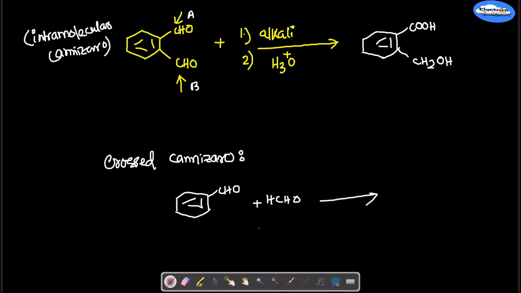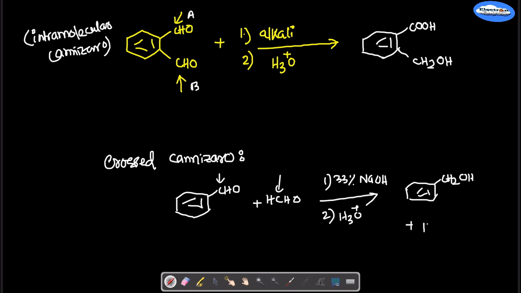In this reaction, if 33% NaOH, a strong base, is used, and in the second step hydrolysis is done, then the CHO group of benzaldehyde is converted to a primary alcohol, and the corresponding benzyl alcohol is formed. So CH2OH is formed over here, and the other aldehyde, formaldehyde, is converted to its carboxylic acid analog, that is HCOOH, formic acid, formed over here.